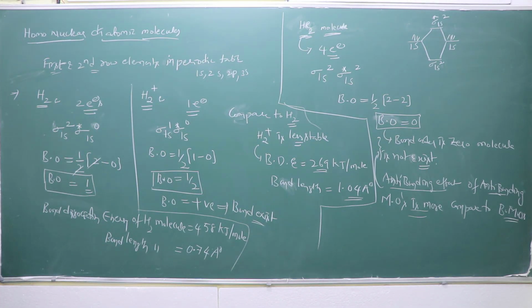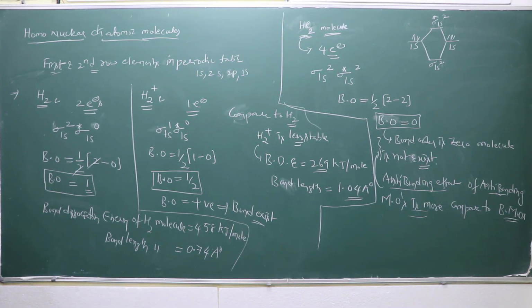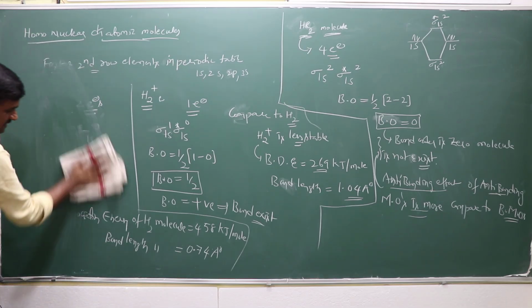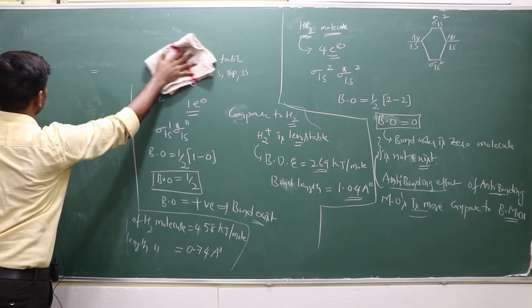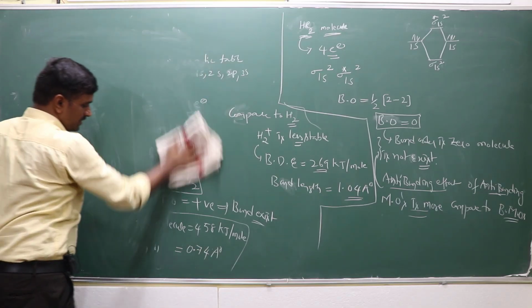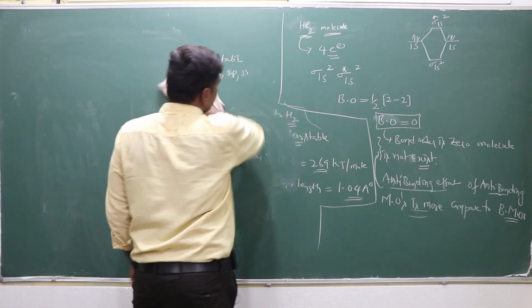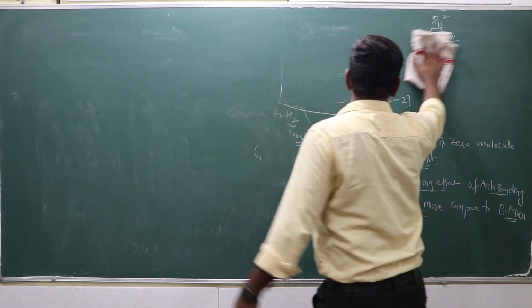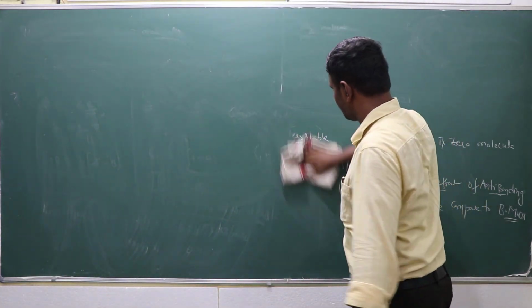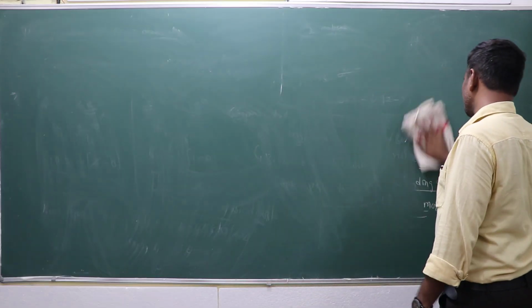Next, the second row elements. Which molecules are there in the second row of the periodic table? Lithium 2, beryllium 2, boron 2, C2, N2, O2 and F2.